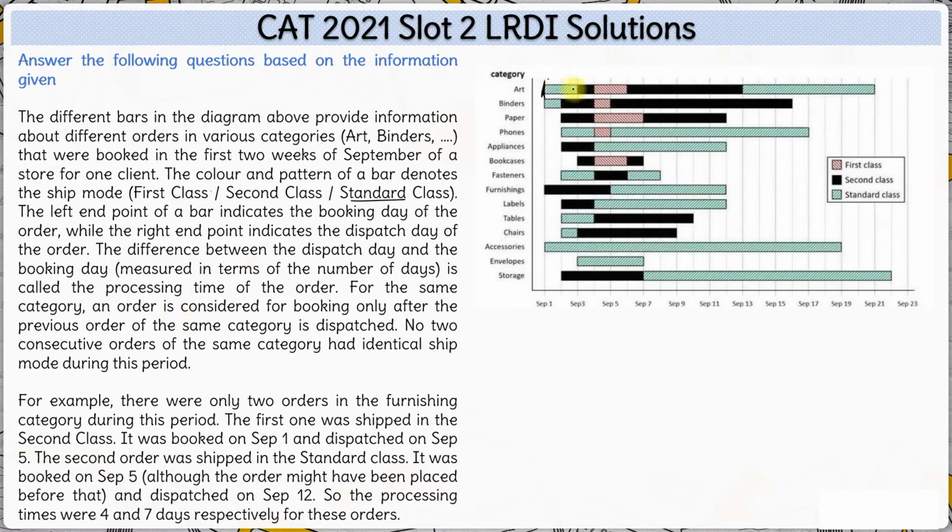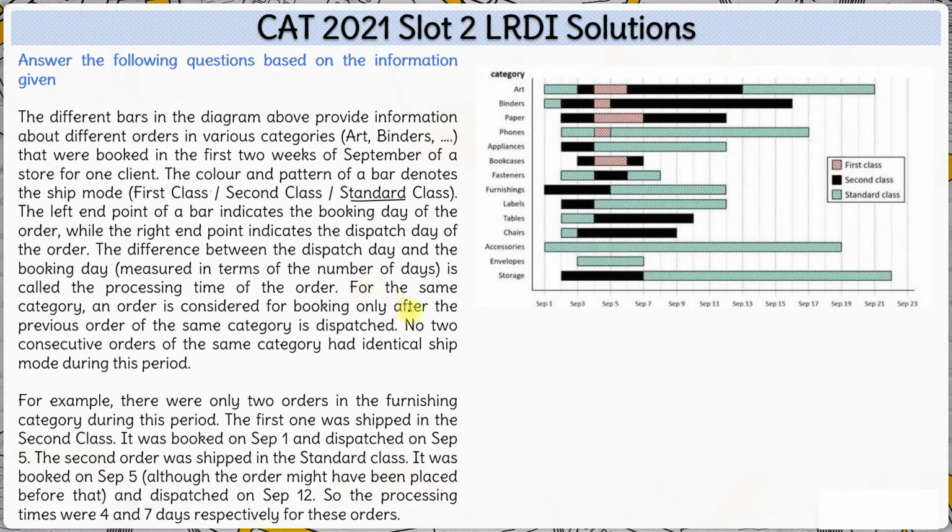So processing time is the difference between the order date and the dispatch date. This here is the dispatch date, which is September 3. So the order date is September 1 and the dispatch date is September 3, and the processing time is basically 2 days. Okay, this is the set.